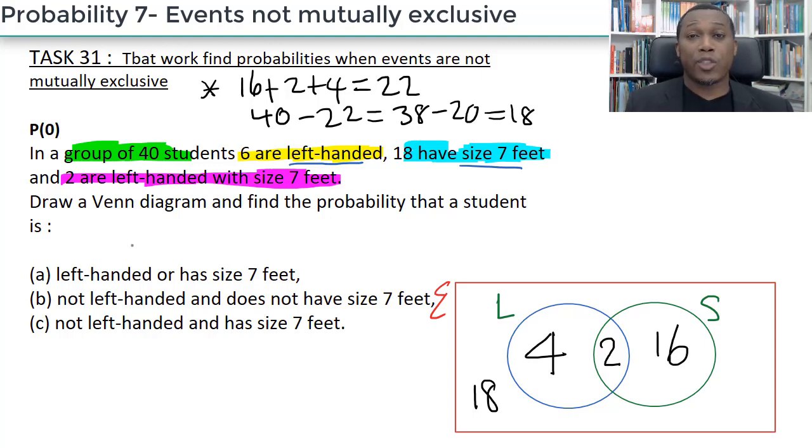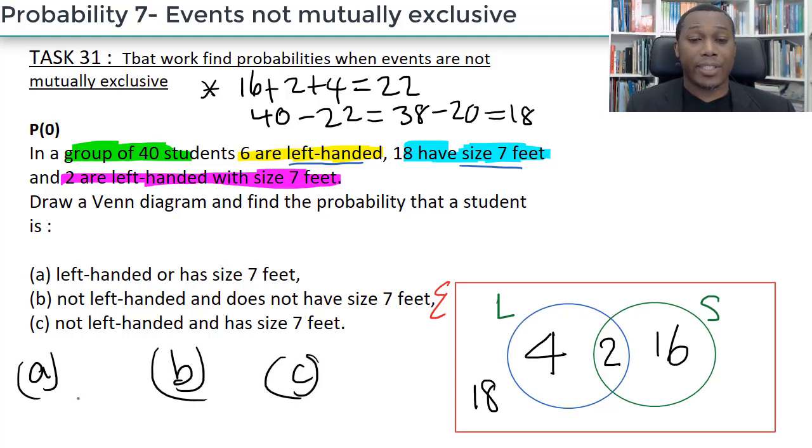Right, now that we have our numbers, it all seems to work out. Let's get our probabilities. What do we know about our probabilities? Can 18 be one of our probabilities? Can 2 be one of our probabilities? No. A probability has to be between 0 and 1, and if our total number of outcomes is 40 students, the total in the Venn diagram is 40, then the answers to A, B, and C all have to have a denominator of 40.